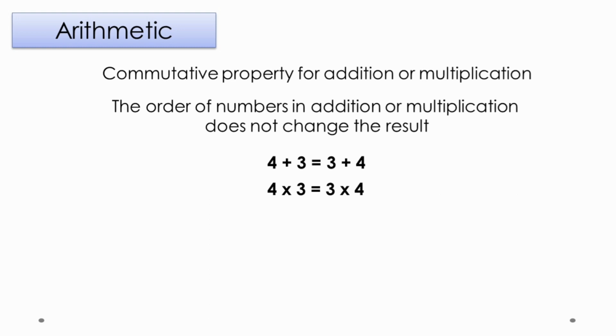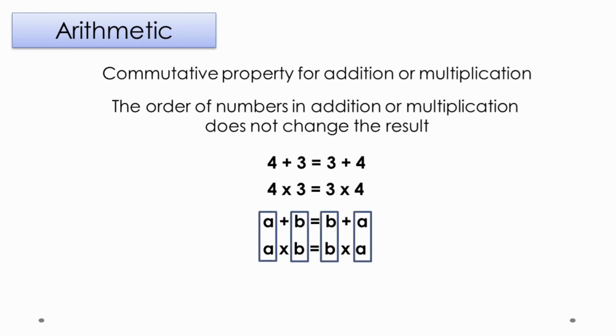If we have to express this rule in general terms, we can write a plus b is equal to b plus a, and a into b is equal to b into a. Here, a and b are the variables, which indicate that a and b can have any values. The commutative property will be applicable to all the numbers.